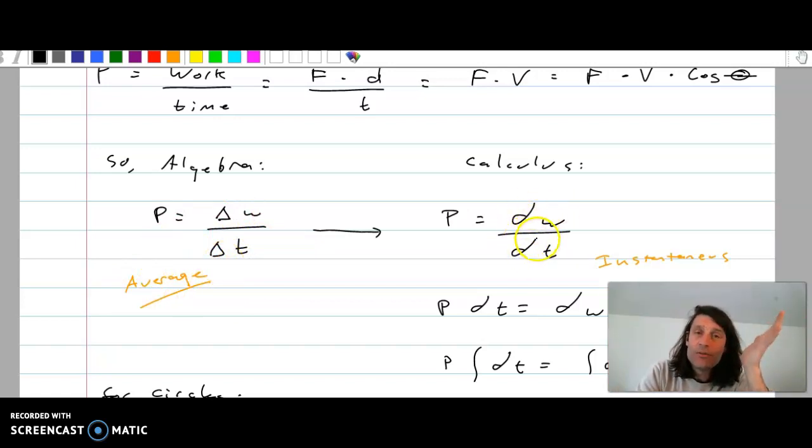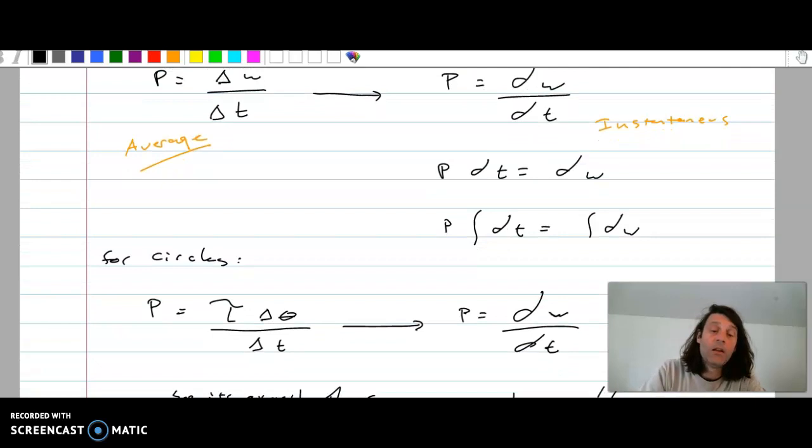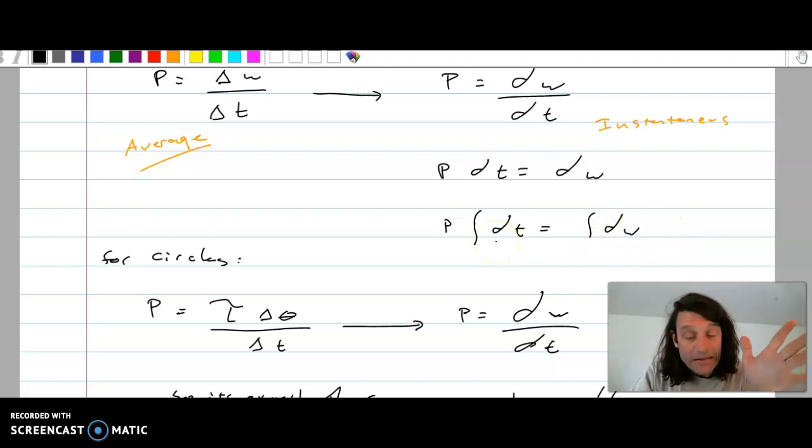If I take a derivative, I will have an instantaneous rate at which energy is changing the way it's expressing itself, an instantaneous amount of power. And I can rearrange this, and it's power times the integral of the derivative of time. So power times time is work if you write it integrally.